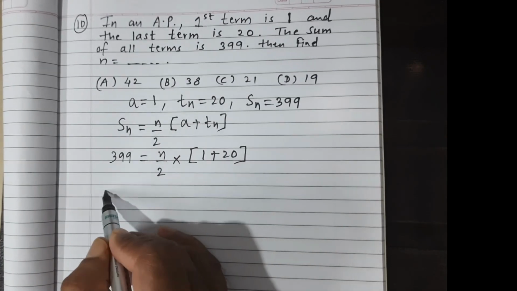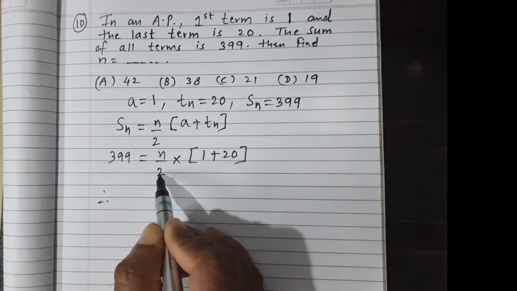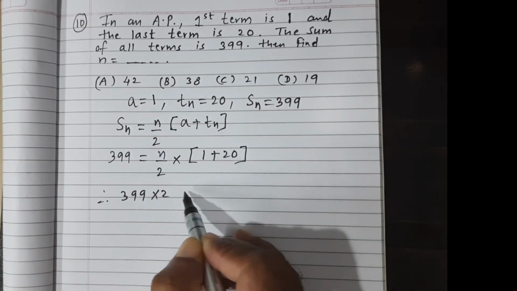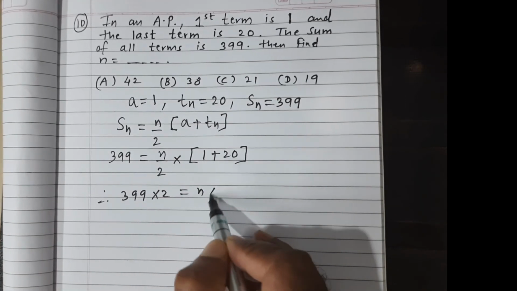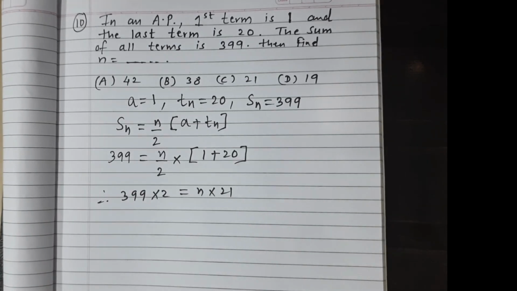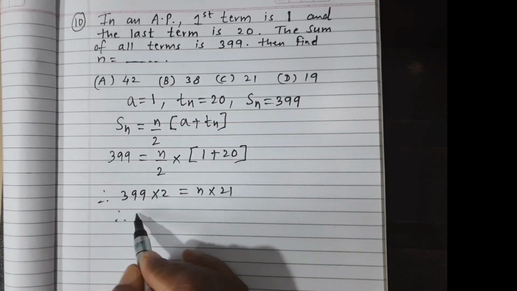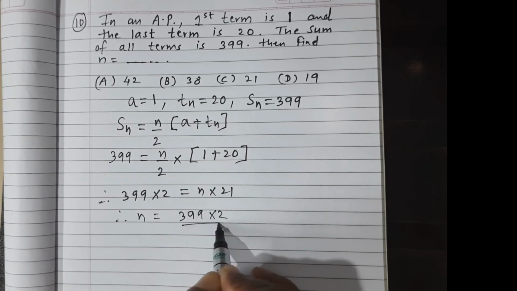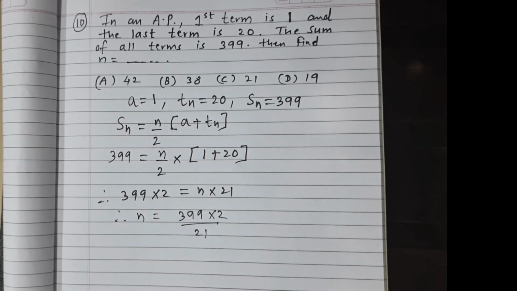Now this 2 we will take to the left hand side. Here it is divided, so it will get multiplied. So 399 into 2 is equal to n into 21. Therefore, n will be equal to 399 into 2 divided by 21.